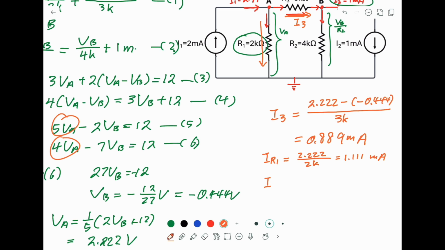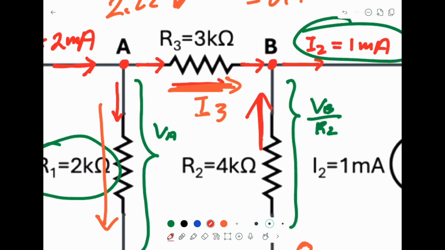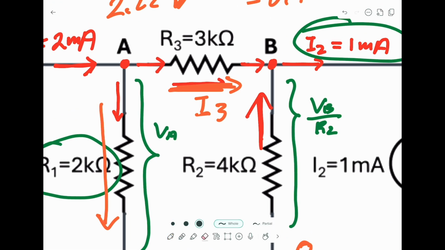The current passing through R2 is equal to, this is 0. So the current should be reverse. Yep. So will mean this should be the direction of the current passing through R2. Okay, let's key up here. Yep.